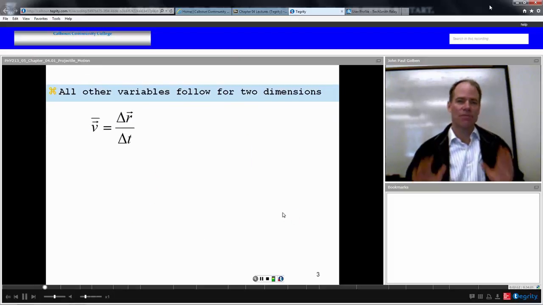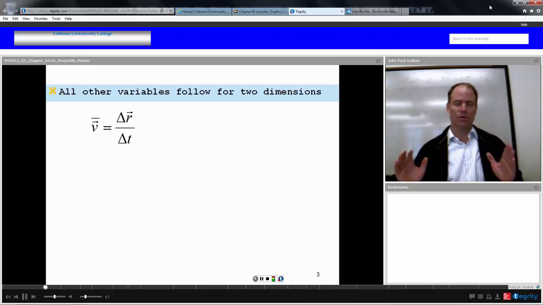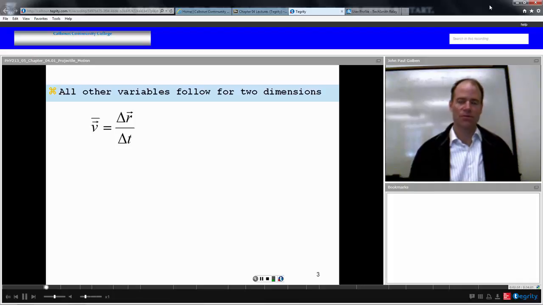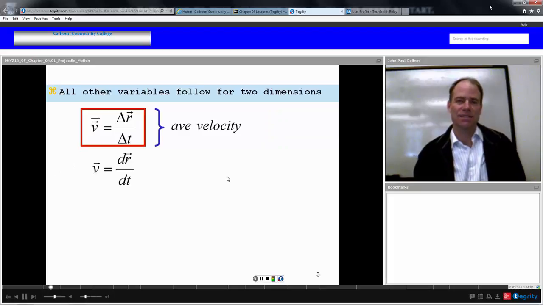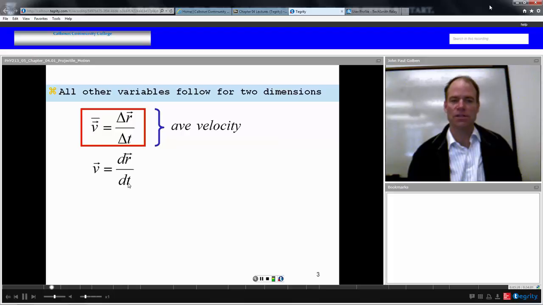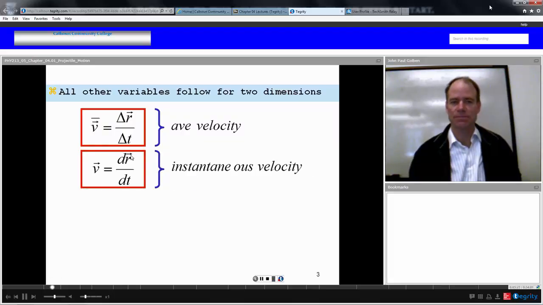Once I define my displacement vector between 2 points, my final and initial position in terms of direction and magnitude, all my other variables in vector form follow. I have my average velocity, which is my change in position over time, or my displacement over time. I can have my instantaneous velocity, which is my infinitesimal change in position in an infinitesimal amount of time, like before.